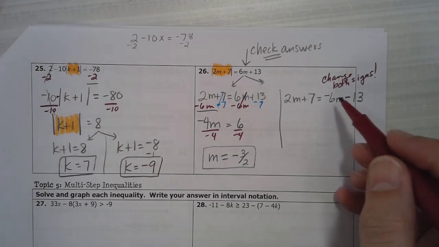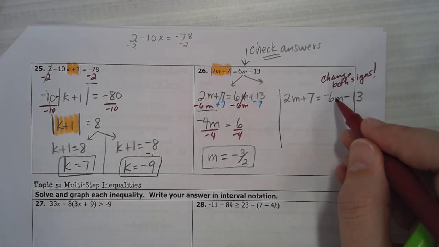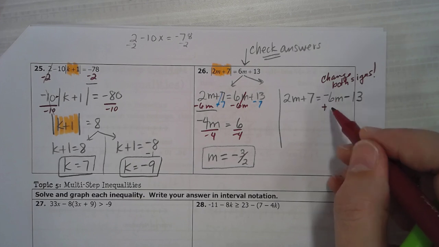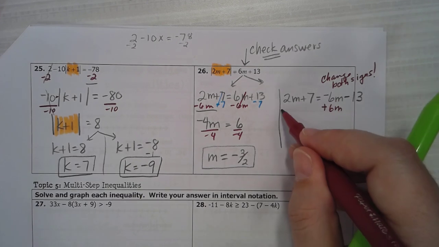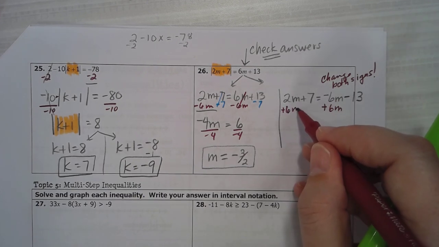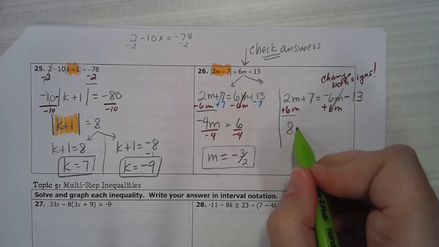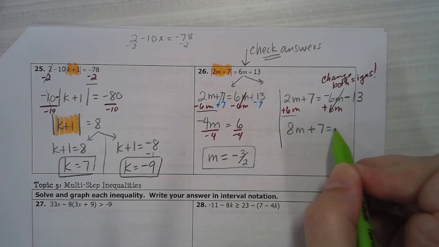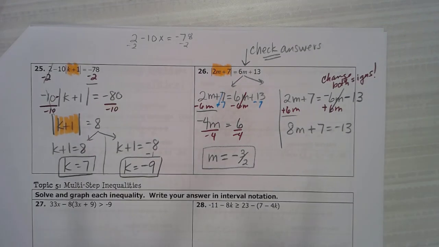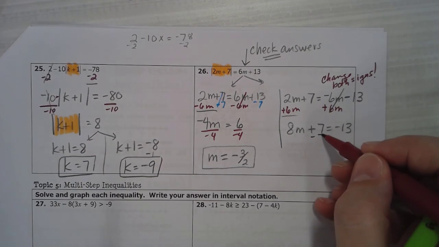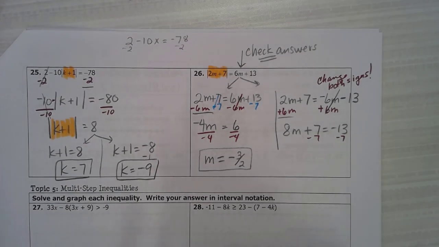So back here, I'm going to get the m's together. This time I'm not moving a positive 6m, I'm moving a negative 6m. So opposite of negative 6 is plus. So those will go away. 2 plus 6 makes 8. And then move the 7 over. Sorry, I should have moved those at the same time.